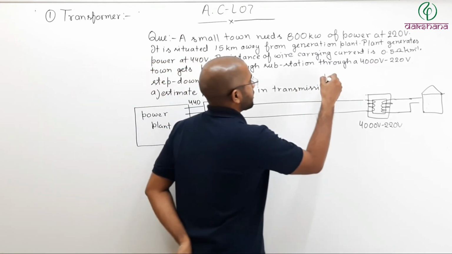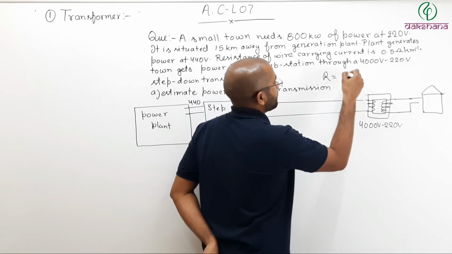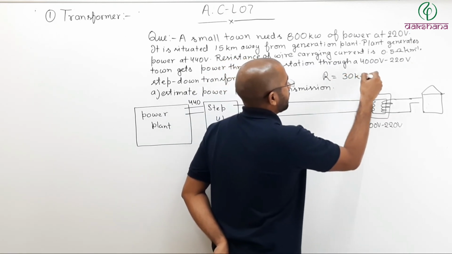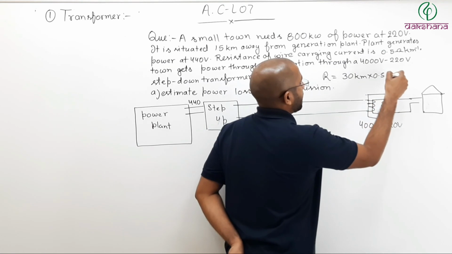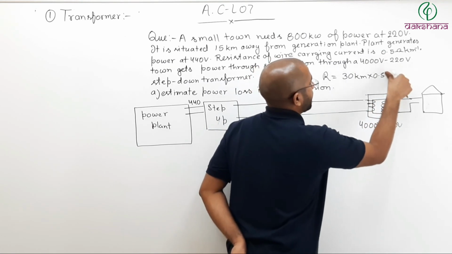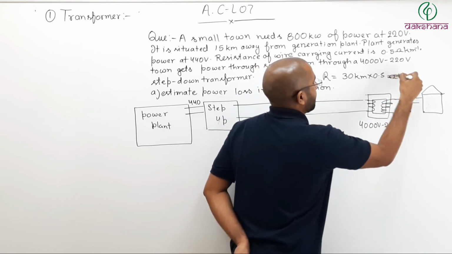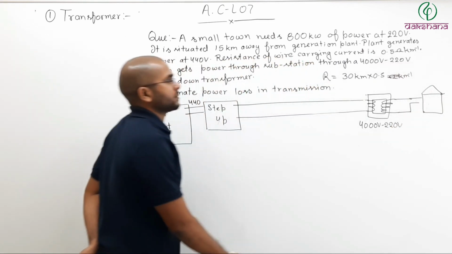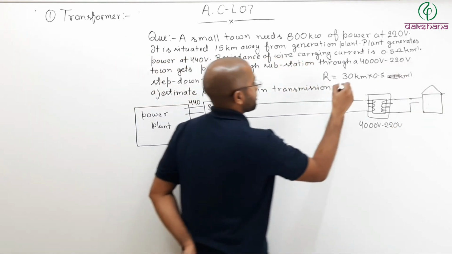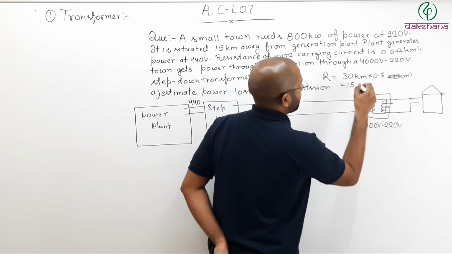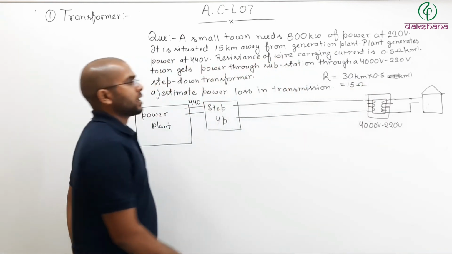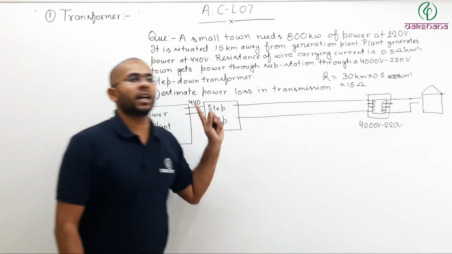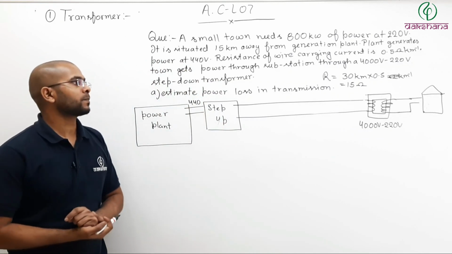So what is the total resistance? Total resistance is 30 km multiplied by 0.5 ohm per kilometer. So total is 15 ohm. So the total resistance of your transmission wire is 15 ohm.